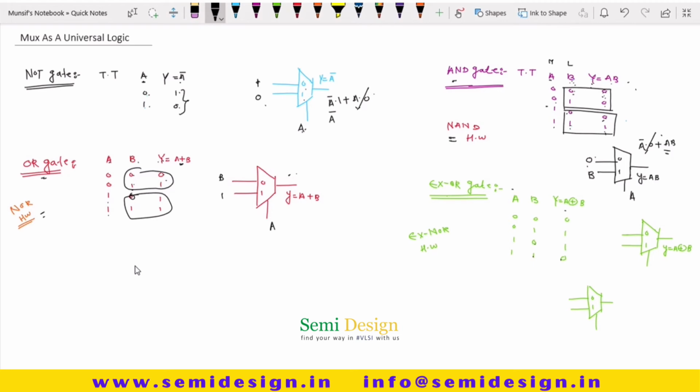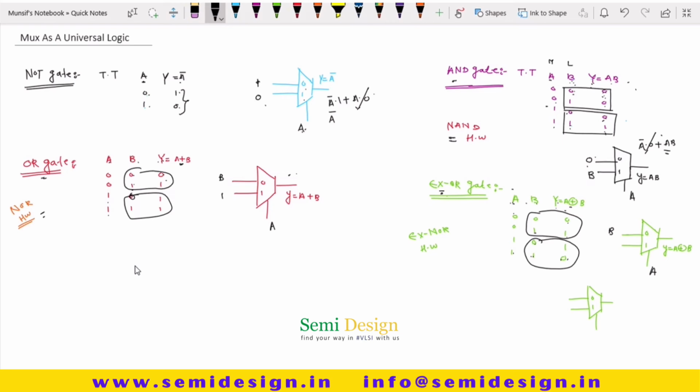Similarly, if you want to model XOR gate, this is the truth table, A, B, Y is equal to A XOR B. If A is equal to B, output will be 0. If A is not equal to B, then output is equal to 1. Okay. Similarly, connect this A as select line, MSB bit. Now we need to somehow manage this Y and B, right? So make a pair and compare Y with B. So see, you are getting Y is equal to B here.